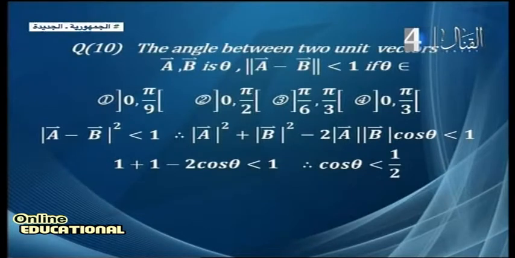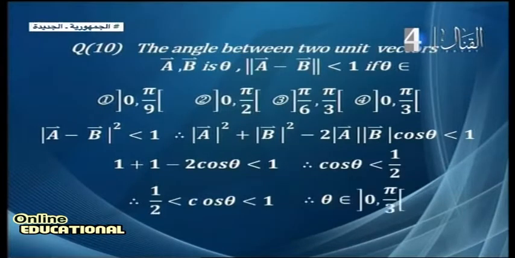Then theta is between 0 and pi over 3. The correct answer is number 4, open interval 0, pi over 3.